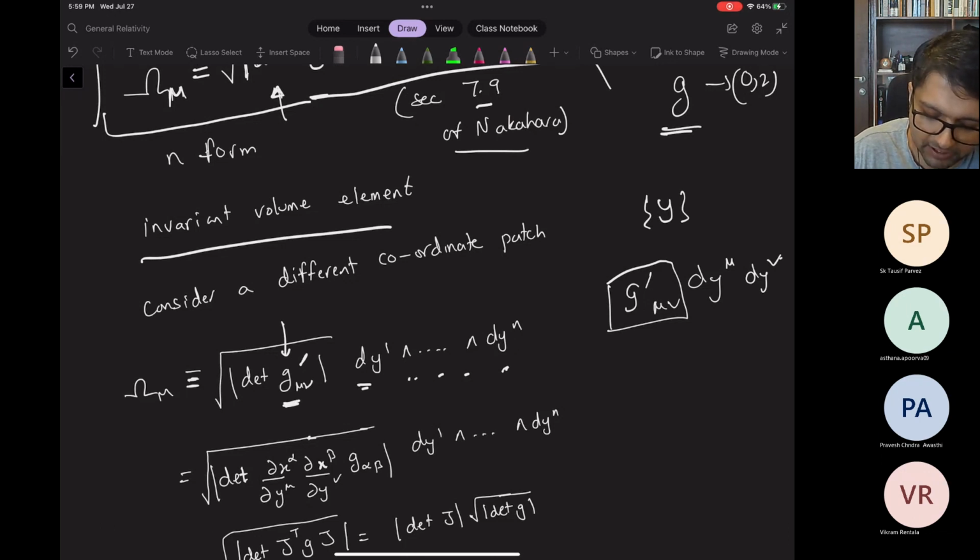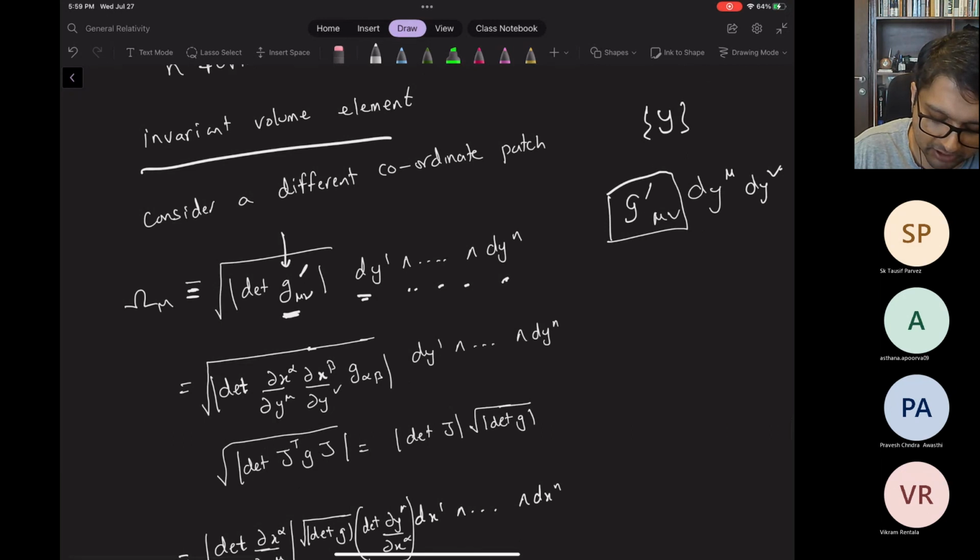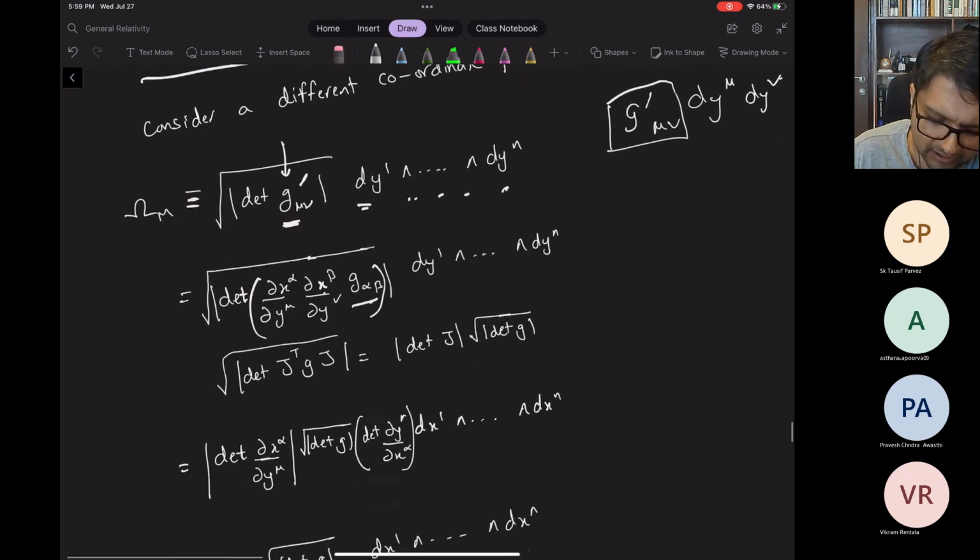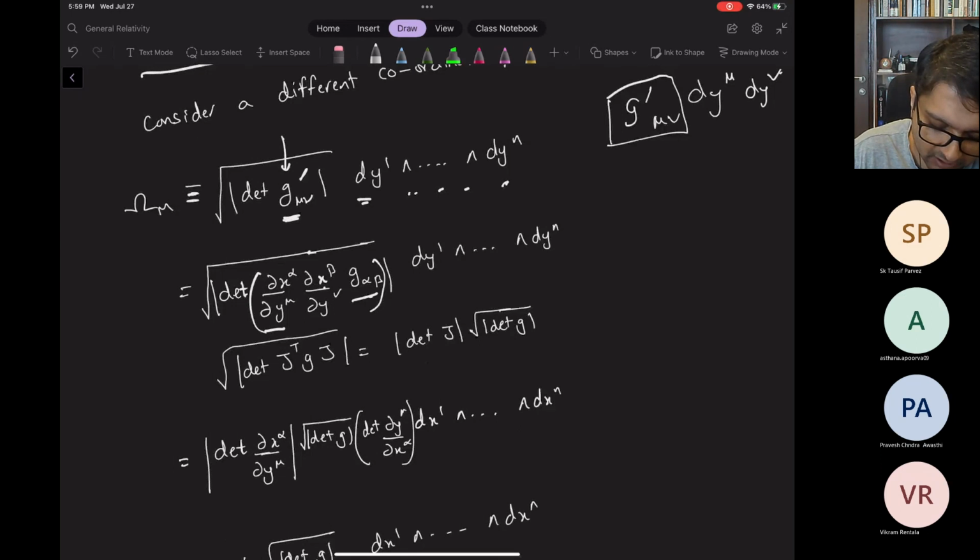I can express them in the x basis, so I can write them as partial x alpha, partial y mu, partial x beta, partial y nu times g alpha beta. This is just the tensor transformation for a 0-2 tensor. Now if you look at this, this is like Jacobian transpose times G times Jacobian in matrix notation. It's the determinant of Jacobian transpose G Jacobian. The determinant of a product of matrices is the product of the determinants.